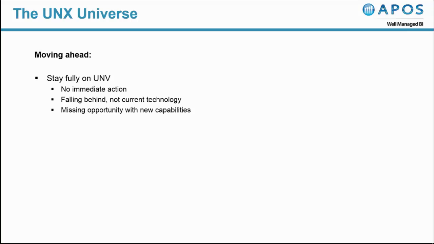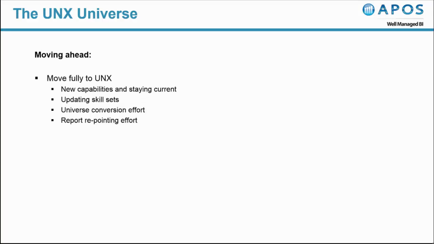Obviously there's no immediate action required. The downside is you're falling behind. It's not current technology, and you're missing out on many opportunities with the new capabilities that are inherent in UNXs. So while it is a possibility, and it might be the only option for some people that are locked into using an OEM version, perhaps, of BOE, it's probably not a viable solution for very long.